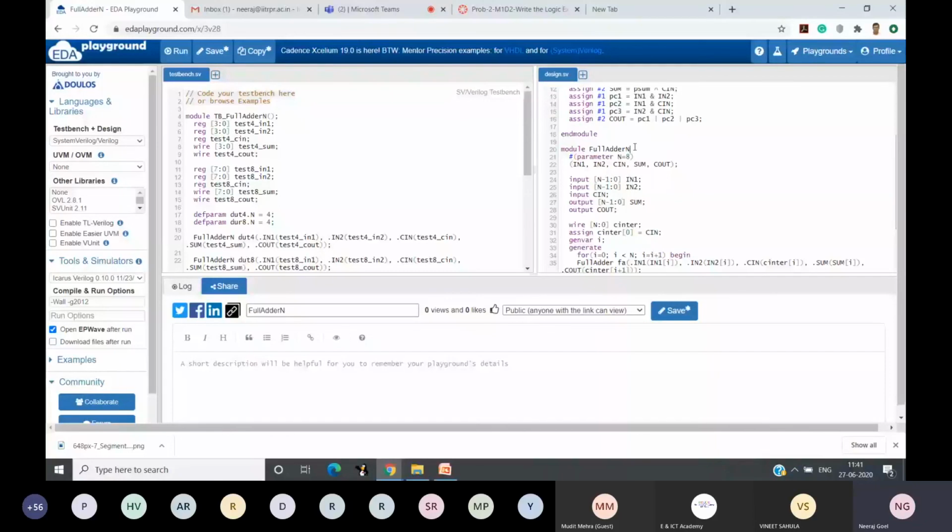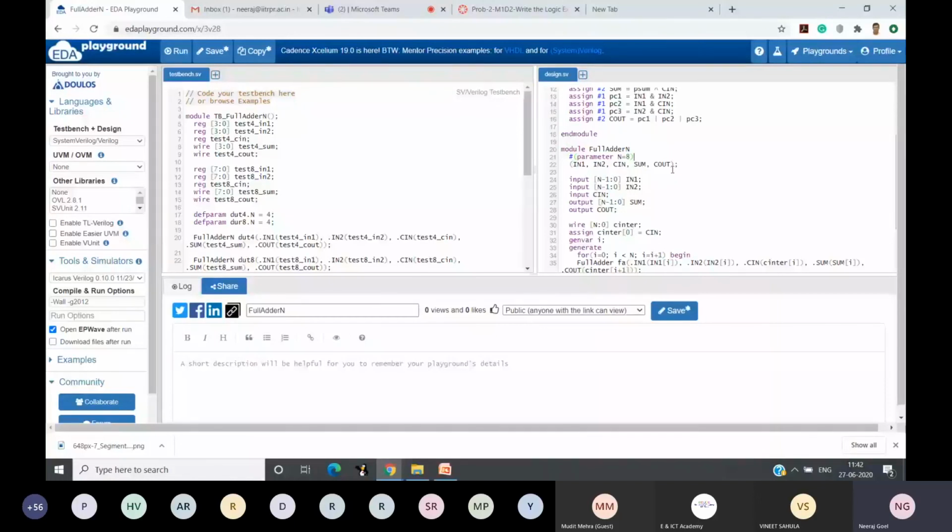If I want to create a generic adder, I have to write a parameter here. I want to say that this particular adder is a parameterized adder. So while defining the module, I am saying that this module takes a parameter n whose default value is 8. We always have to give a default value of a parameter because it's hardware, so it has to generate at least something when no parameter value is given. The rest is very similar: IN1, IN2, C in, sum, and C out.